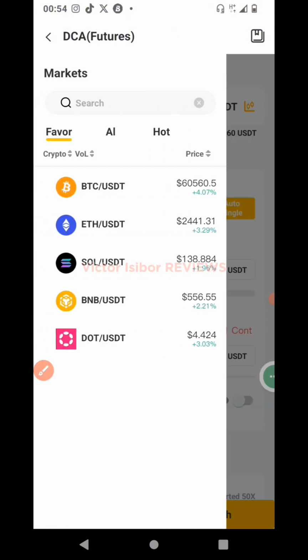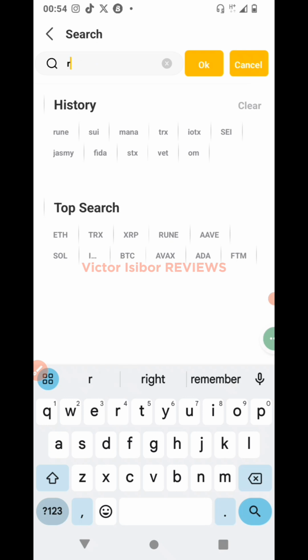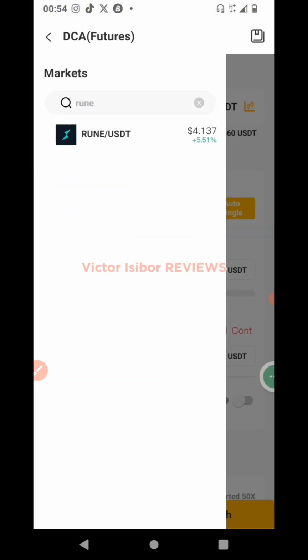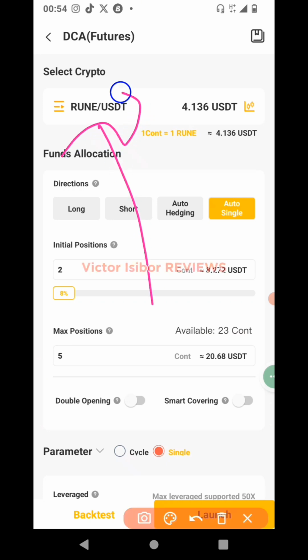Let me look for a coin to trade. If you don't find the coin you want here, you can use the search button and type, let's say, rune, and click OK. It's going to bring rune out. Then you tap on it again, and you see rune is here.